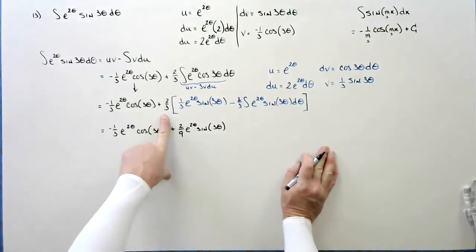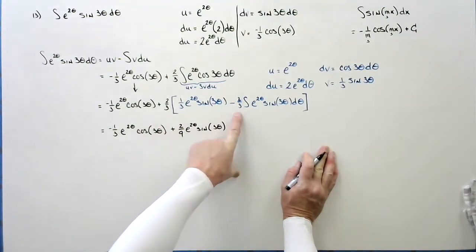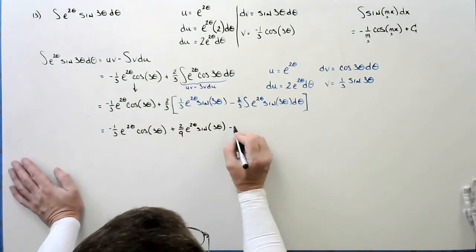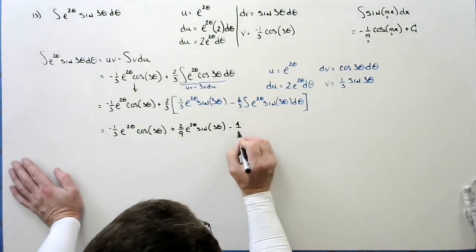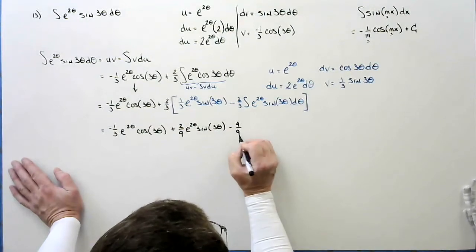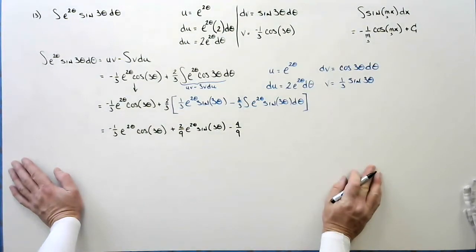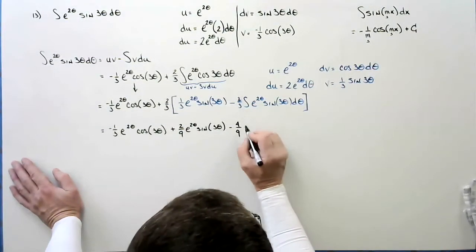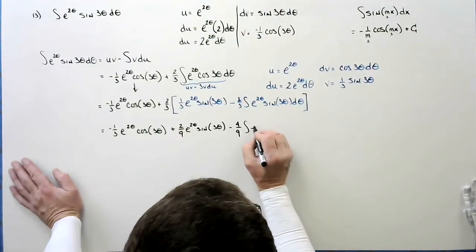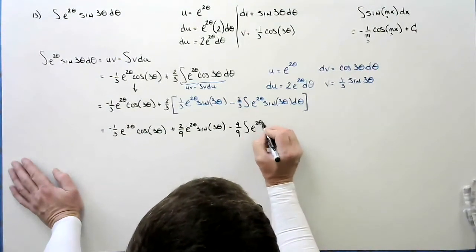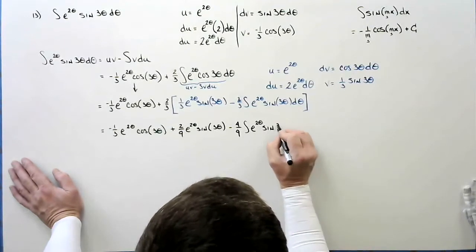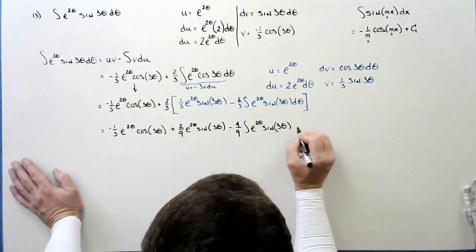Here we have 2/3 times negative 2/3. That's going to be minus 4/9. And then we're going to have the integral of e to the 2 theta sine 3 theta d theta.